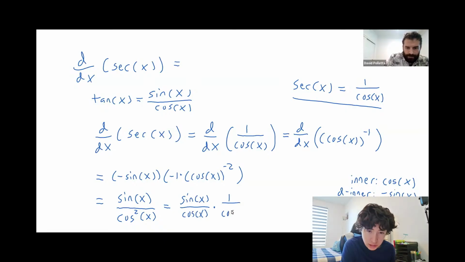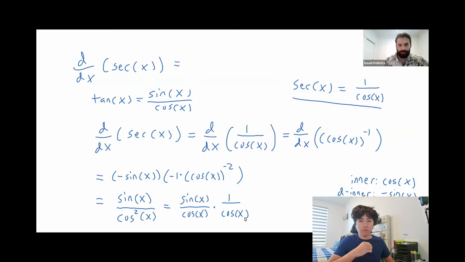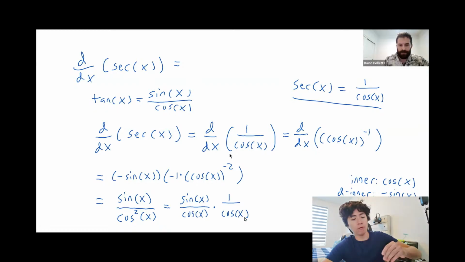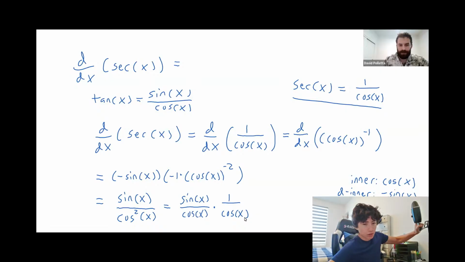Times 1 over cosine. Hold on, and we're all evaluating the derivative. So sine of x over cosine of x is tangent of x, so is the derivative of secant of x equal to tangent of x over cosine of x?